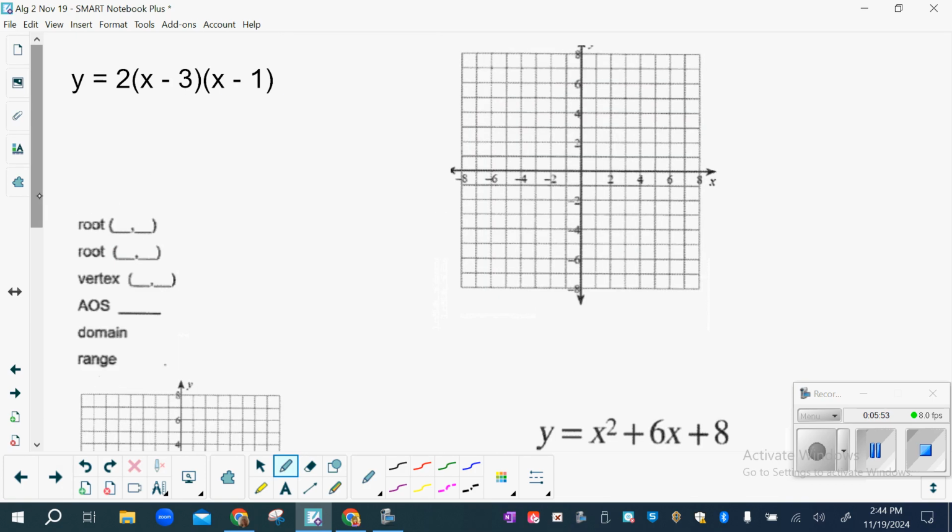So what did we do to start? Set our y equal to 0. So what could we do with that 2 there?